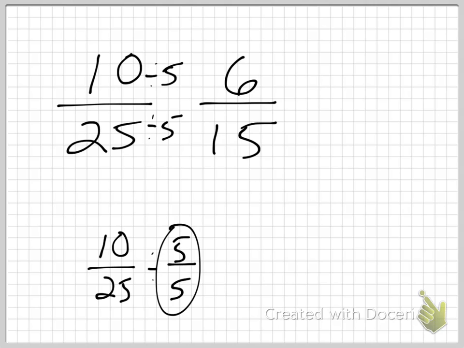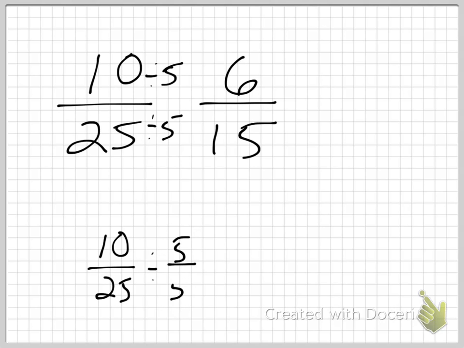Whenever I have the same number over the same number, what is that equal to? 1. 7 over 7? A billion over a billion? The same number on top and on the bottom is 1. So I'm dividing 10/25 by 1 in the form of 5 over 5, the greatest common factor.